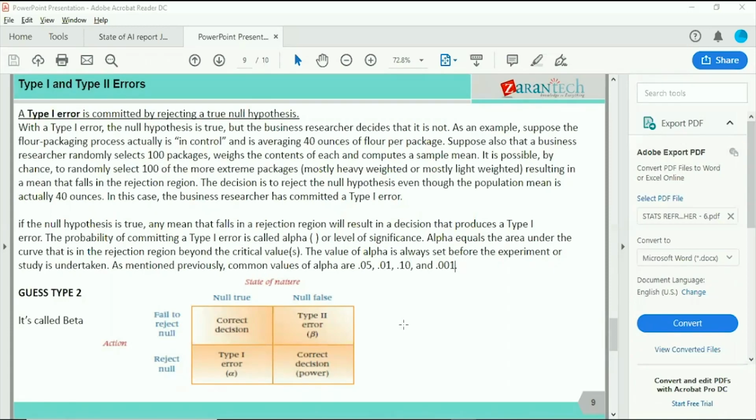In that case, type 1 error will hurt more. In a case where a woman is pregnant but a doctor says no, you are not pregnant, versus a woman is not pregnant and a doctor says yes, you are pregnant, what will hurt more?